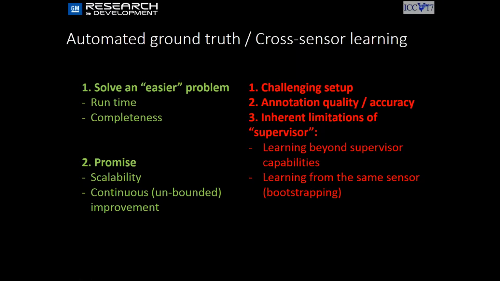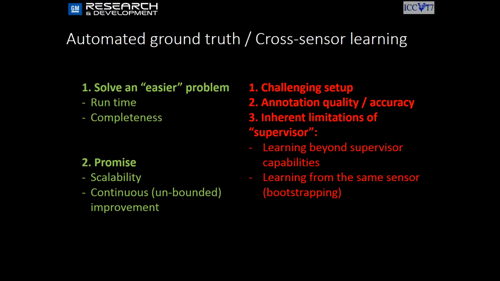The third issue is something that I will claim is not as severe as it seems. If I'll be the devil's advocate for a second, I can say, wait a minute. If you are detecting objects with a LiDAR, then you are limited to what the LiDAR can do. If the LiDAR has 40 meters range, then you will not be able to train your model to detect objects beyond 40 meters.